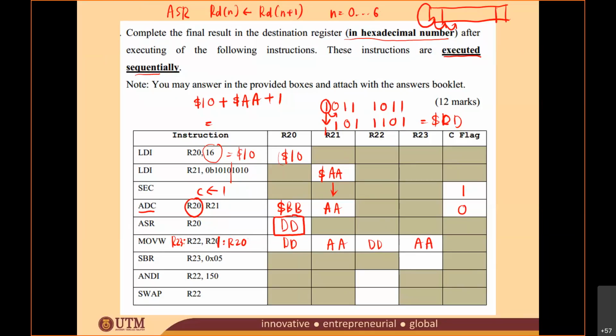Don't put BB bola to your R20. Which is wrong lah, because now your current value of R20 already changed after you execute this instruction here. All of you get this answer here? Semua dapat macam ni tak?